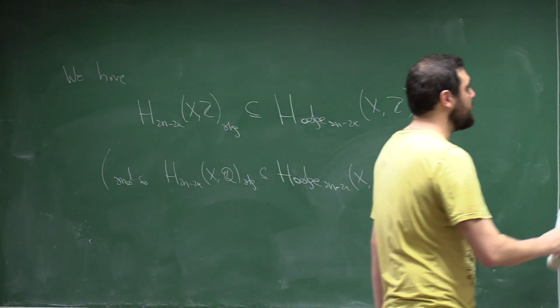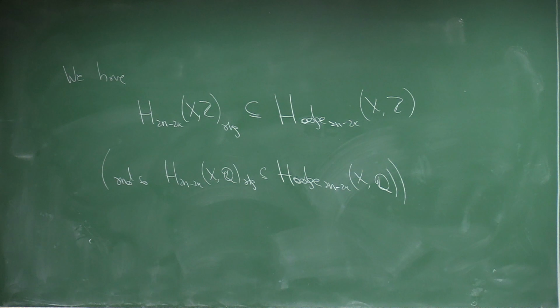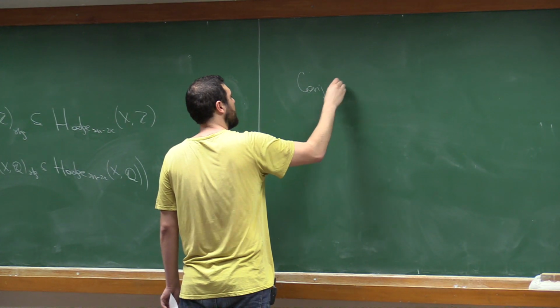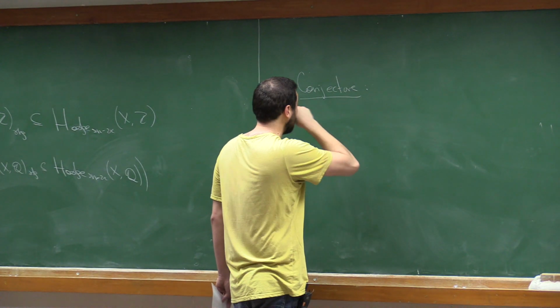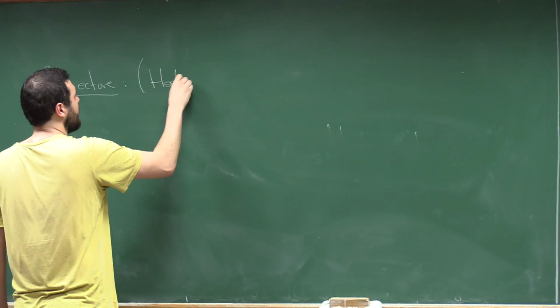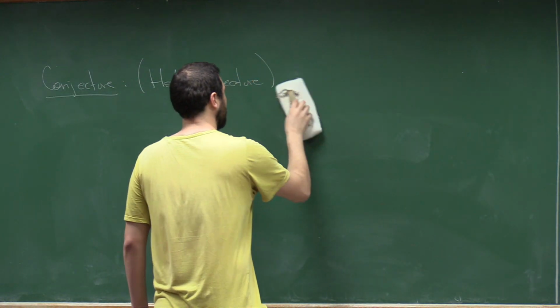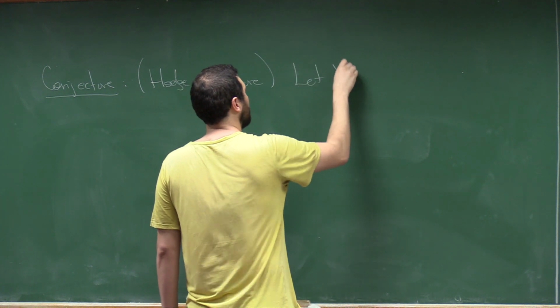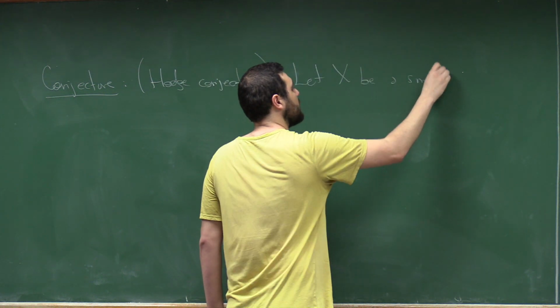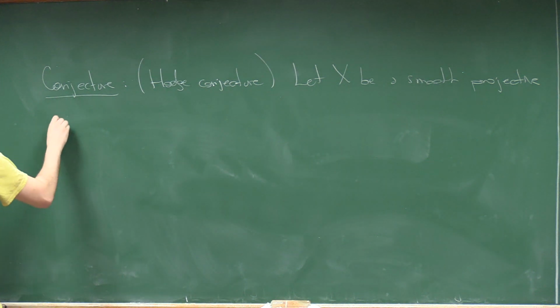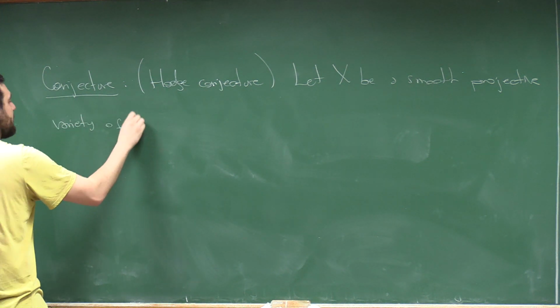So the Hodge conjecture is just claiming that this inclusion is an equality. So, the Hodge conjecture is that: let X be a smooth projective variety of dimension n.